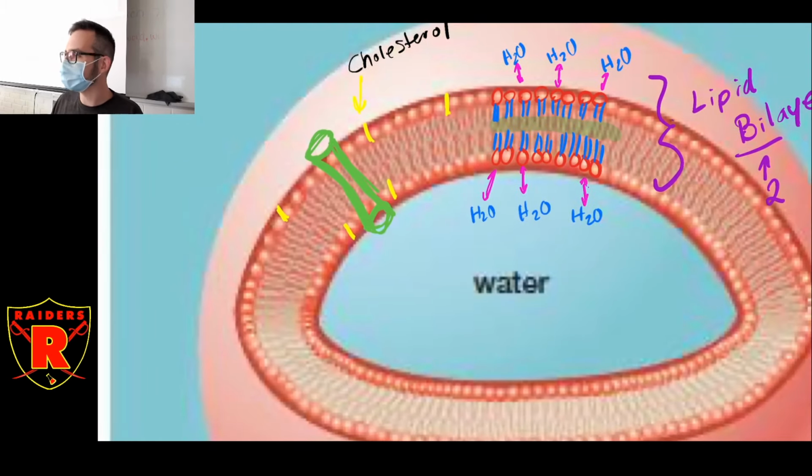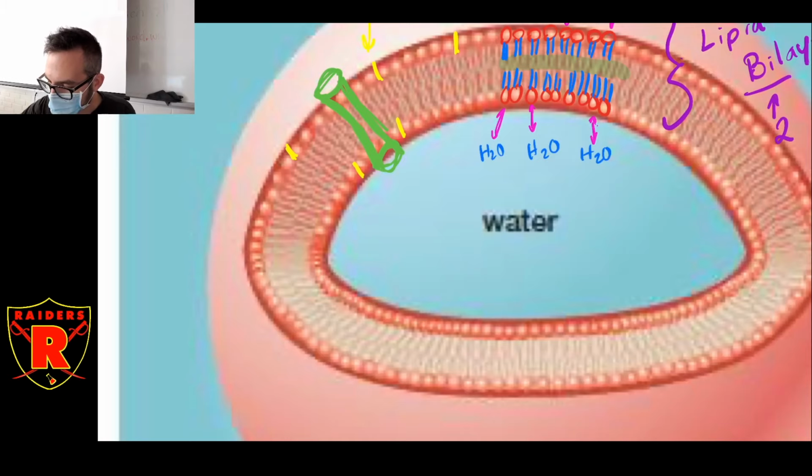So there might be a tube that lets water come in and out. There might be a tube that is specifically designed to let in only one type of thing. Like maybe it's a specific shape that only lets in a certain type of ion. Like maybe it only lets potassium into the cell, or maybe it only pumps sodium out of the cell. So these proteins are very specific, and there's a whole bunch of different kinds of them for moving stuff in and out of the cell.